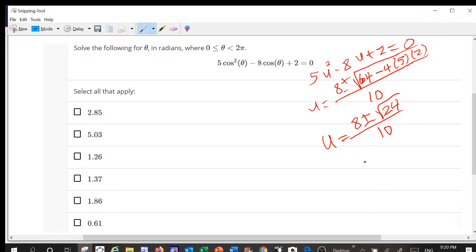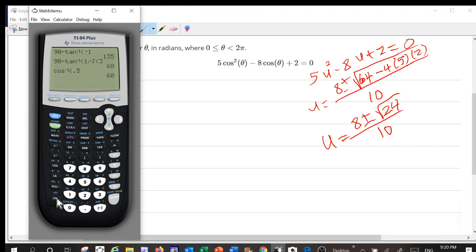So your u is like two numbers. Let's approximate them with the calculator. So u is either 8 plus the square root of 24, divided by 10. So u is 1.289.